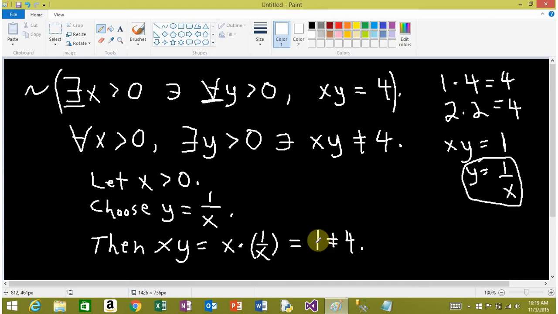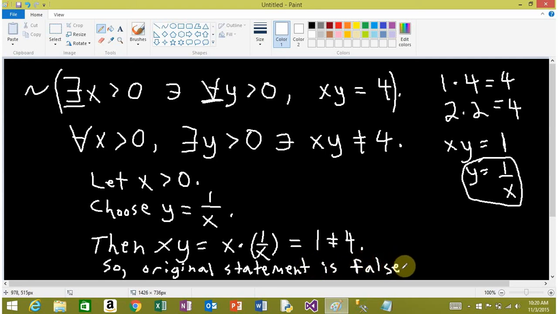So therefore we can conclude that the original statement is false. Because we found an example, right? We found a y such that if we multiply it by x, we get something other than 4. In this case, we got 1.